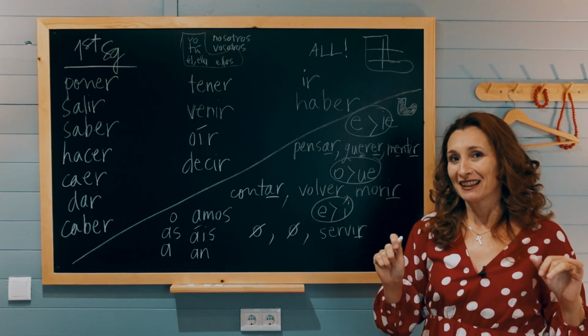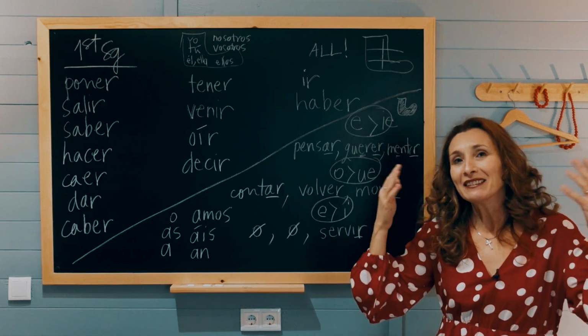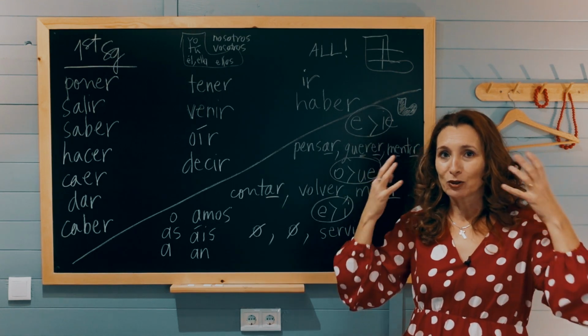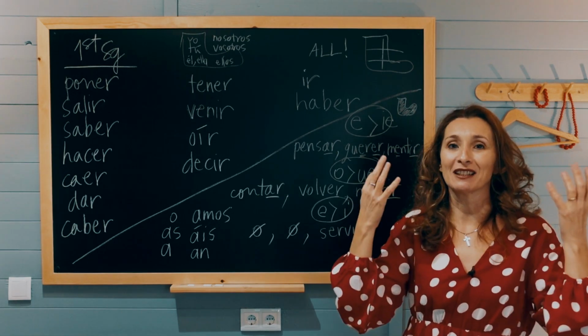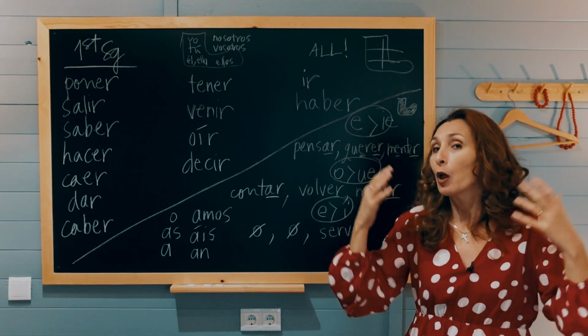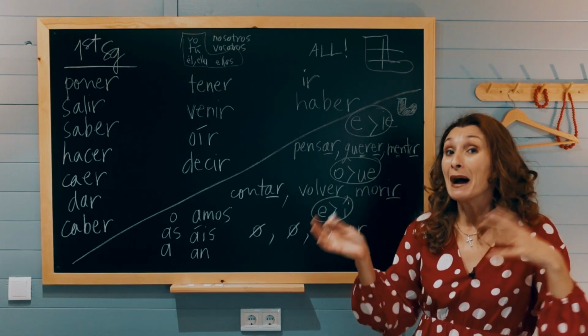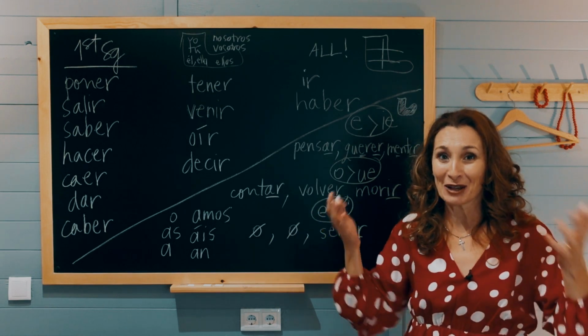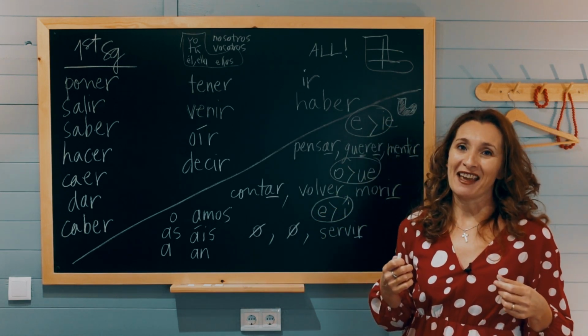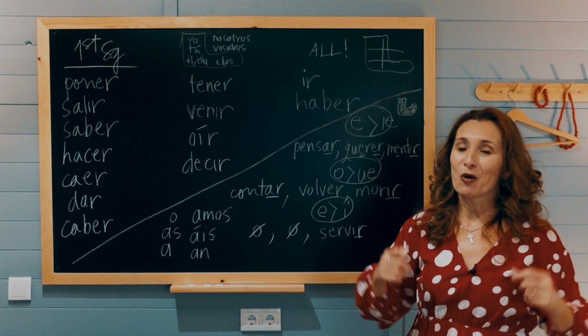And you repeat it many, many times. And then these sounds will just sort of become recorded in your brain. No? Voy, vas, va. Vamos, vais, van. And you won't be tempted to say anything else because you will already have it there in your brain.